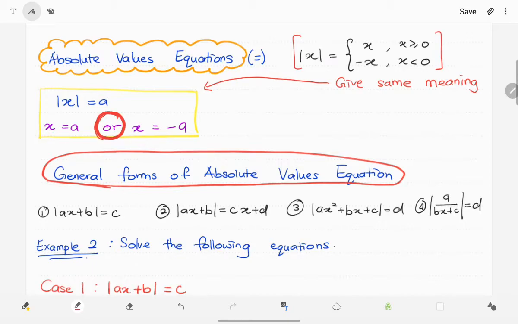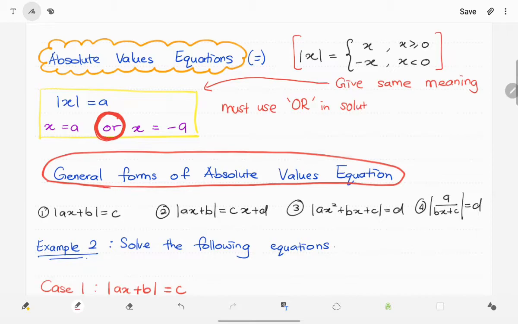The reason why I circle the "or" here is because when you want to solve an absolute value equation, you get an absolute value equal to some value, for example a, you split it into x equals a, or x equals negative a. Remember, you must use "or" in your solution.